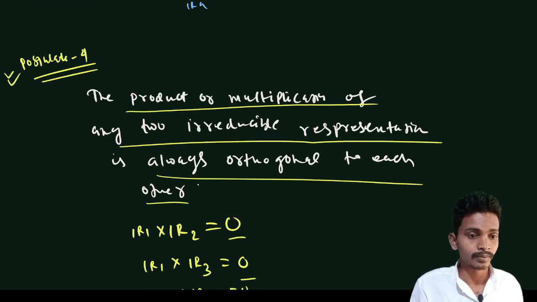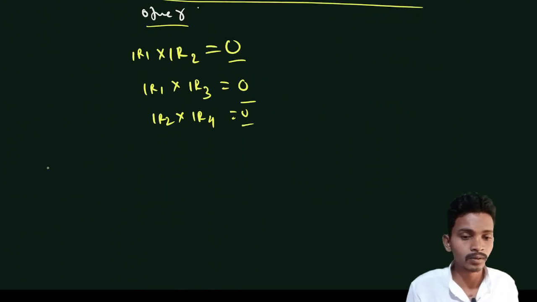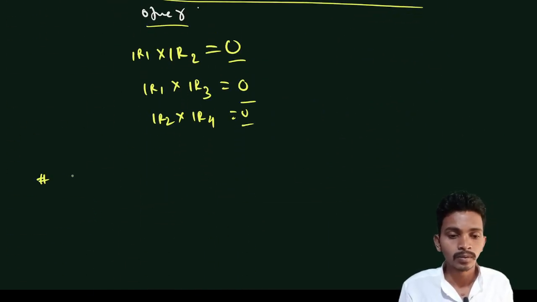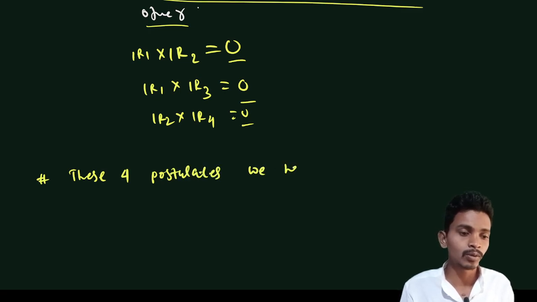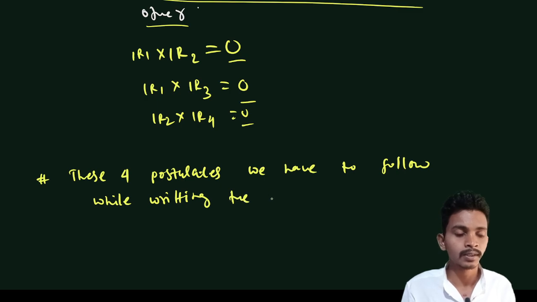So these are the four postulates we have to follow while writing the characters of irreducible representations.